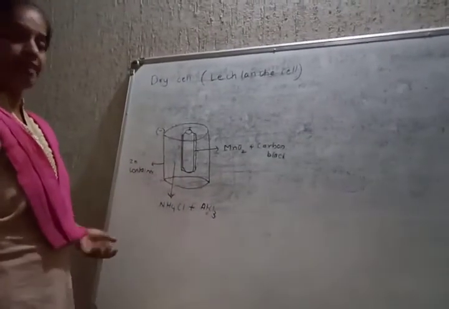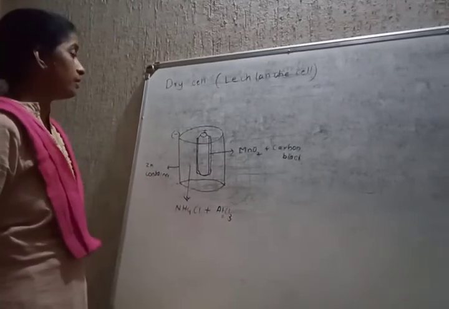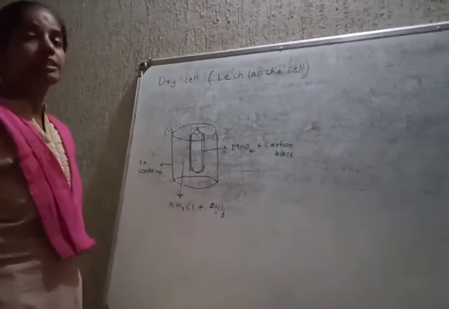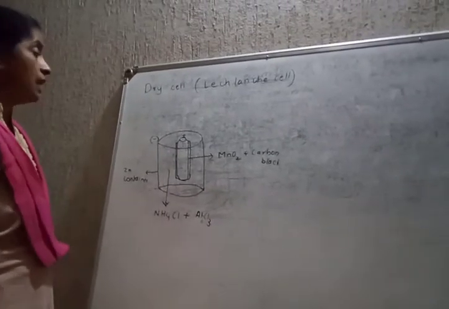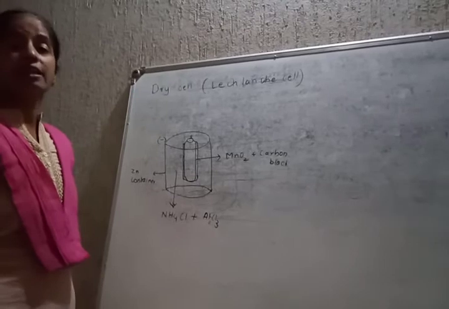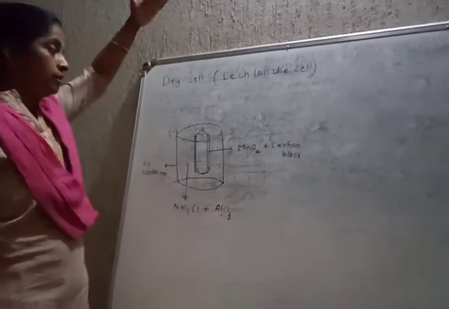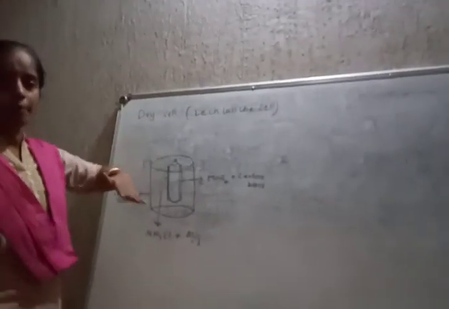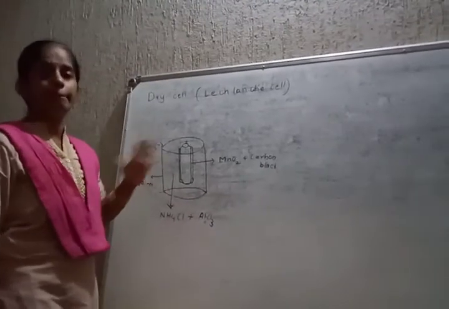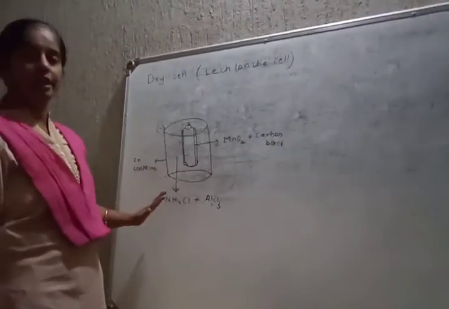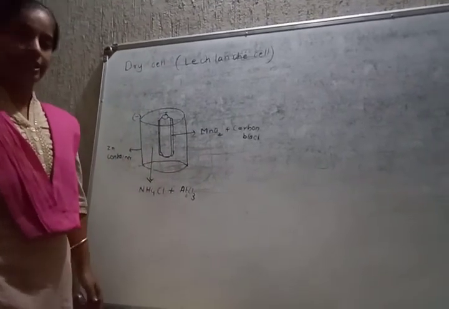Center anode graphite rod surrounded by a layer of manganese dioxide and carbon black, that is surrounded by an electrolyte which is a mixture of ammonium chloride and AlCl3, aluminum chloride. All this is enclosed in a zinc container which acts as the cathode. Okay. The cell is sealed from the top to prevent the drying of the paste. That's it. Are you okay here? Now the next part will be the reactions that I will deal in the next class. Okay?